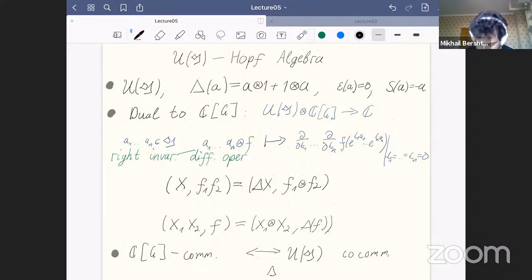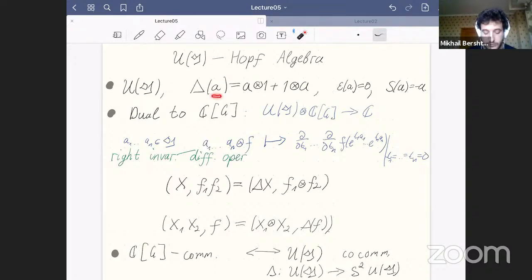So delta maps U of G to the symmetric square of U of G, mapped to symmetric tensors. This is seen from the original definition. It maps elements of the Lie algebra to symmetric tensors. And then since any element is an algebraic combination of these elements, the coproduct of any element maps to a symmetric tensor. So we somehow interchange our two structures.